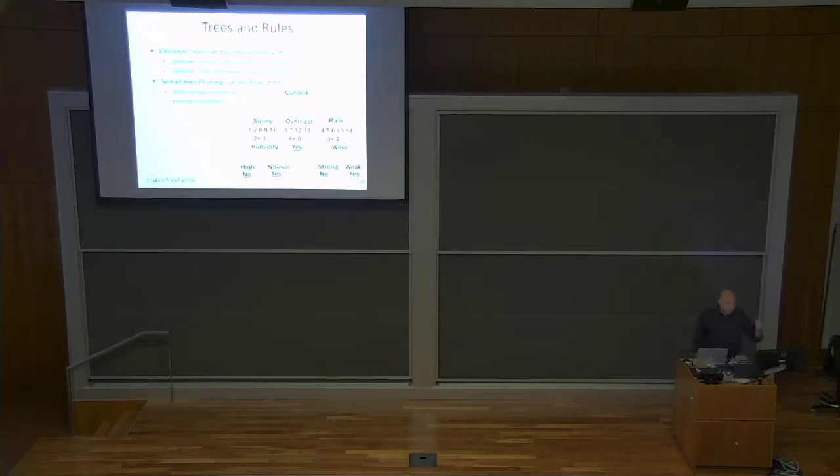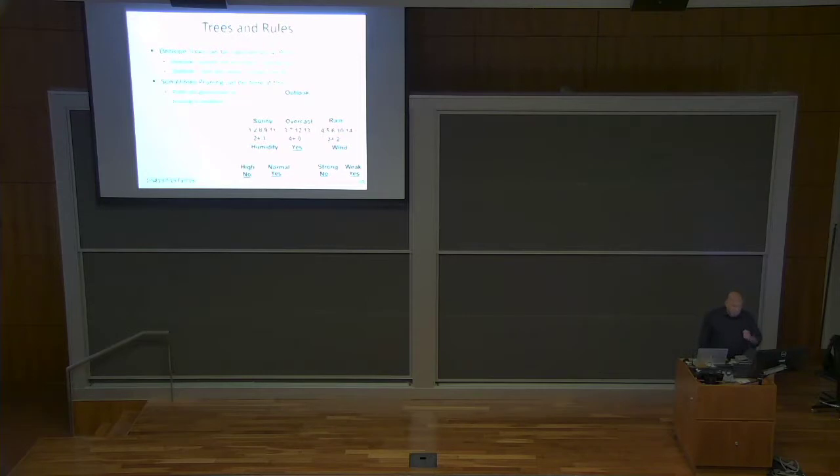So you have, in this case, outlook equals sunny and humidity equals normal, then yes. That's a rule. Another rule, outlook equals rain and wind is strong, then no. So you can take your decision tree and rewrite everything as a set of rules. Advantage, comprehensibility, for example. Some people want to see a set of rules because it's easy to read, it's clear what's happening, or clearer what's happening.